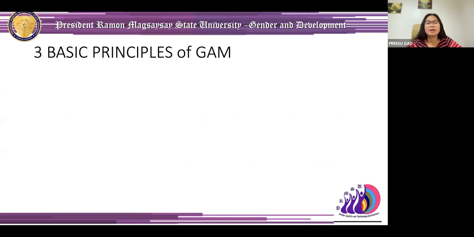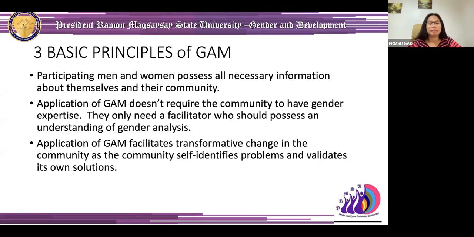Now, what are the three basic principles of GAM? Participating men and women possess all necessary information about themselves and their community. Tayo po, nasa labas tayo ng community. Maybe, from bird's eye view, nakikita natin yung problema nila.